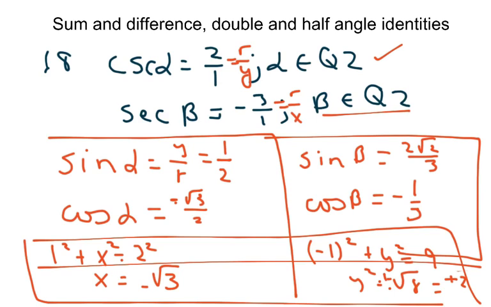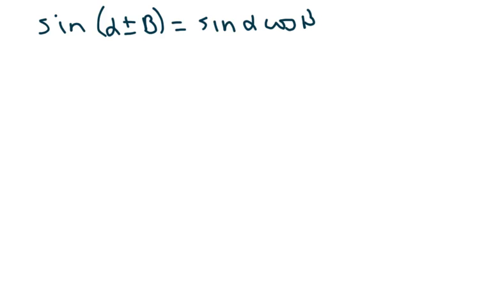So I have those written down, and we're ready to use our formulas. First one, sine of alpha plus or minus beta equals sine of alpha times cosine of beta plus or minus cosine of alpha sine of beta.